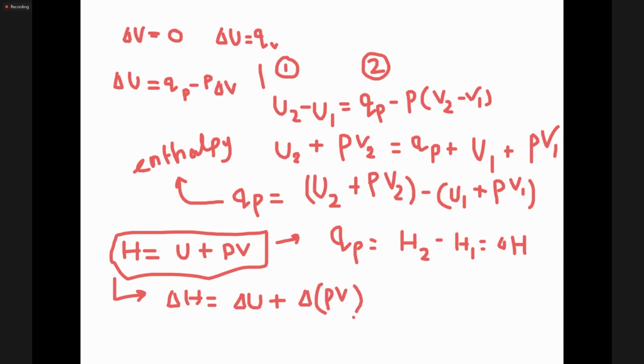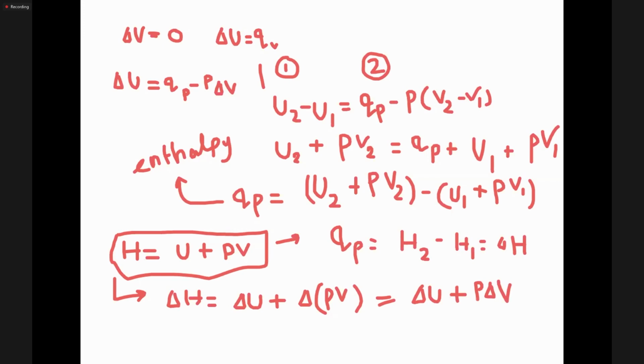Now, for delta H calculation, the pressure is kept constant because delta H is defined as QP, the heat absorbed at a constant pressure. So P will be treated as a constant for this function PV and it will be taken out. So we have delta H is equal to delta U plus P delta V. So we are ultimately getting this equation: delta H is equal to delta U plus P delta V.